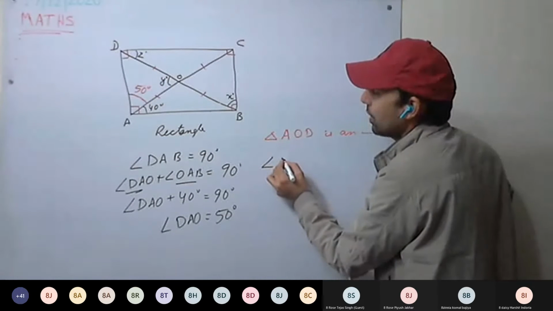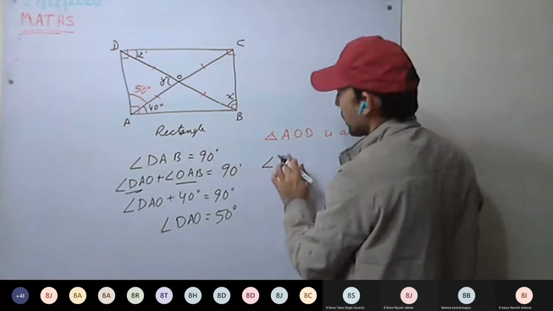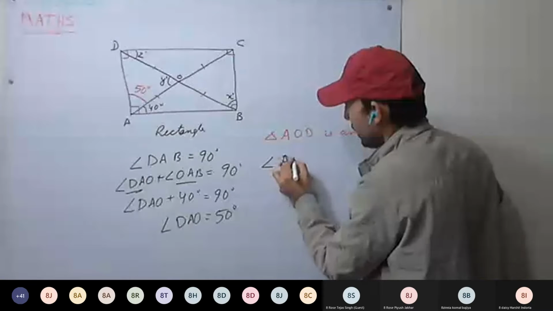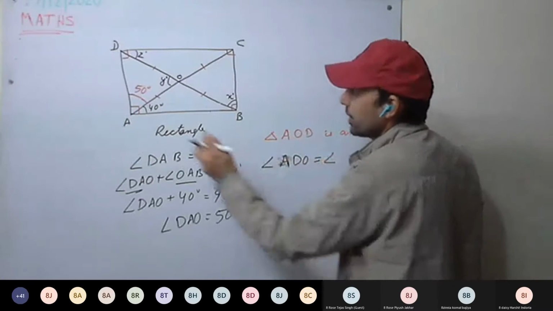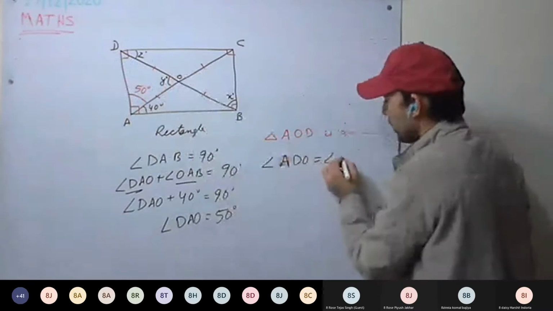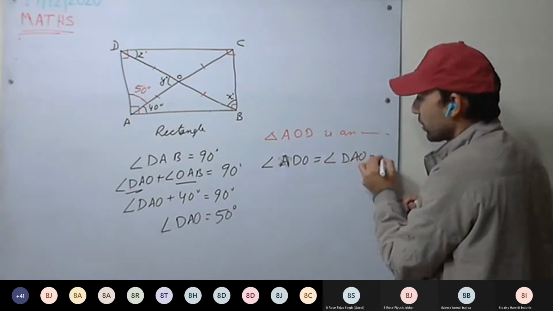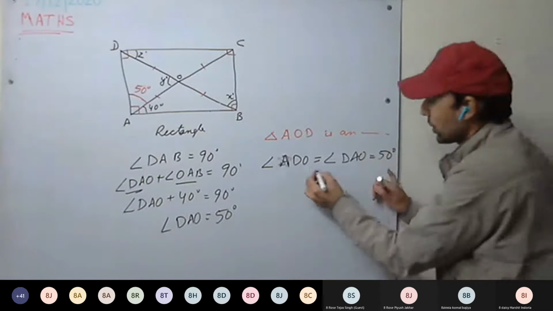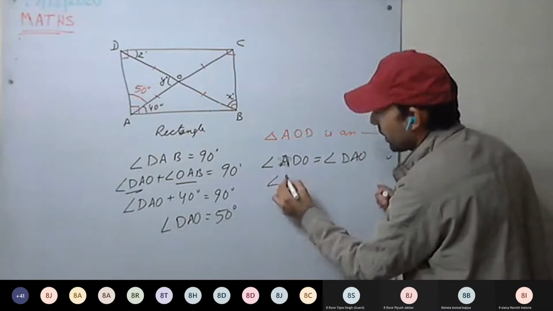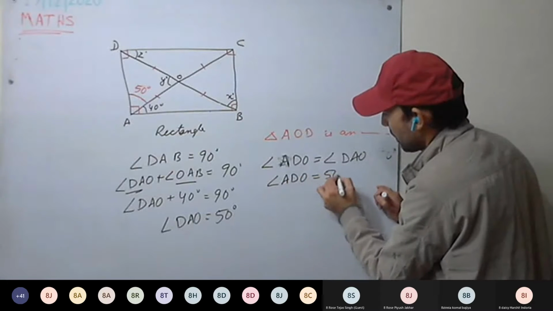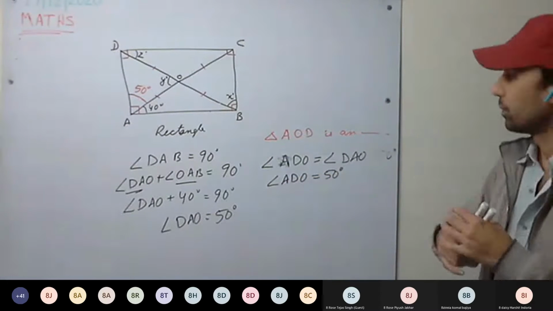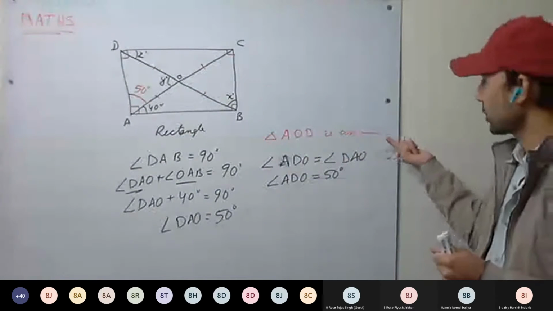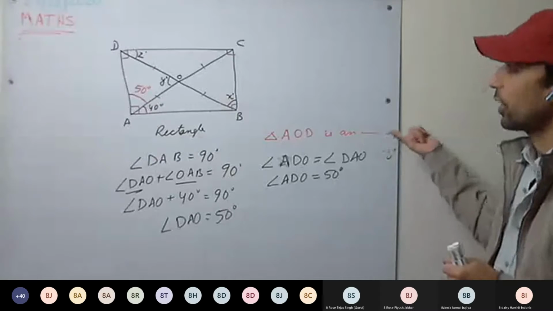So angle ADO will be equal to angle DAO, equal to 50 degree. Sir, what reason have you written that triangle AOD is an isosceles triangle? What is the reason?